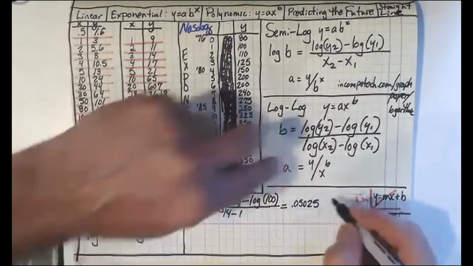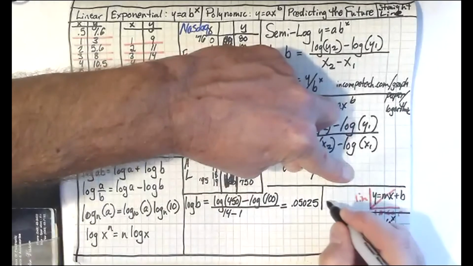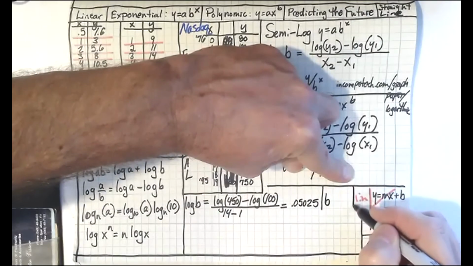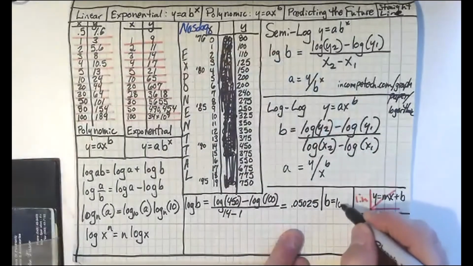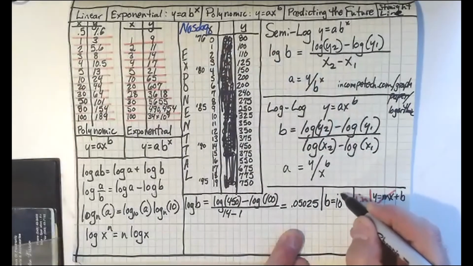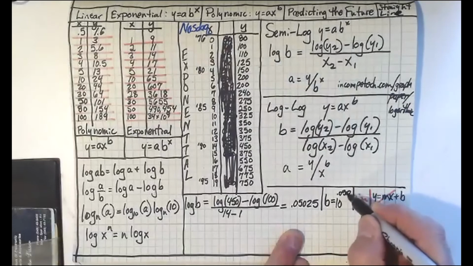So b then, I'll just put a little thing down here. B equals 10 to the 0.05025.